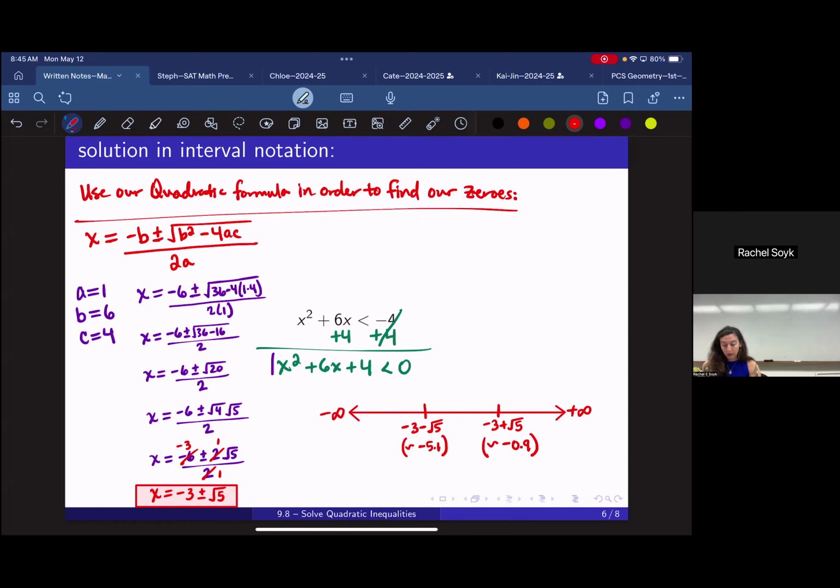So essentially, what do we have to do? Let's choose a value between negative infinity and negative 5.1, but let's be conservative. So I'm going to choose negative 10, and then I'll plug that into our left-hand side. Negative 10 squared gives us positive 100.